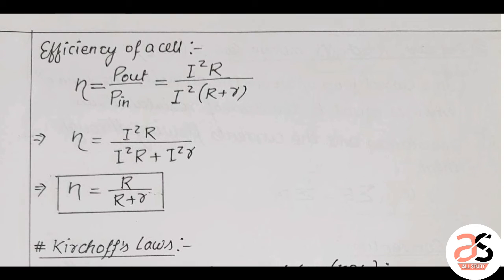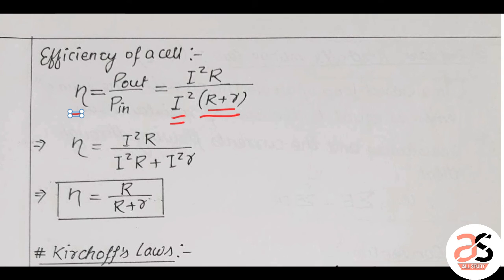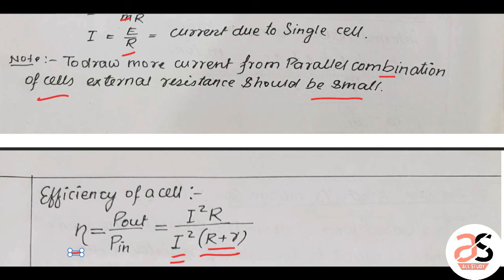Here the efficiency of a cell, this is the efficiency symbol, is power output by power input. Power output is I square R, the current in the external circuit being I, so I square capital R. The input is total current times total resistance, so I square into total resistance, R plus r.